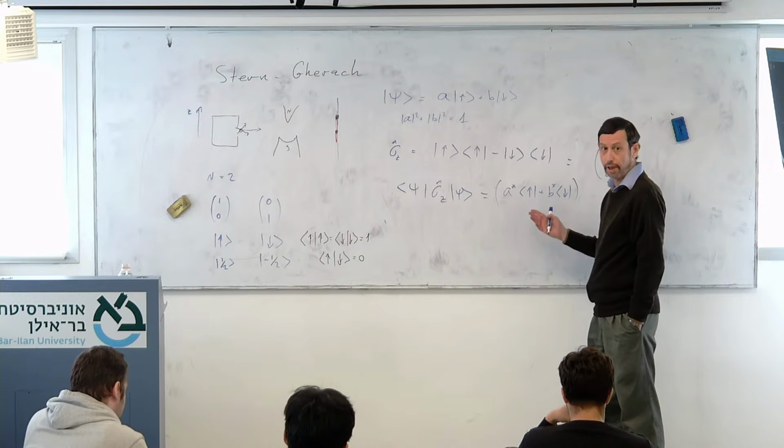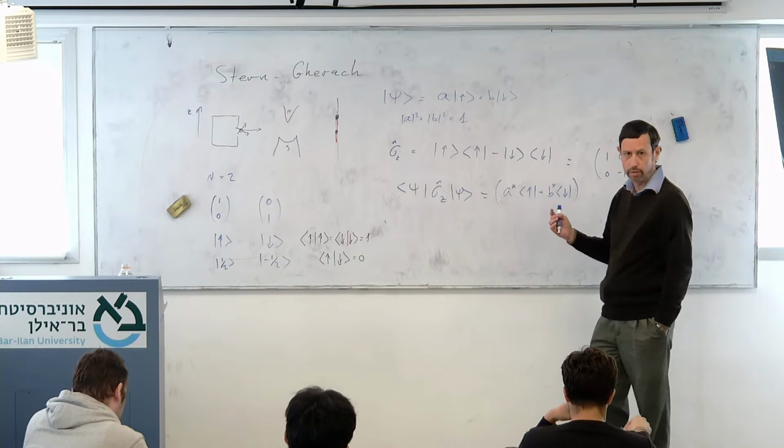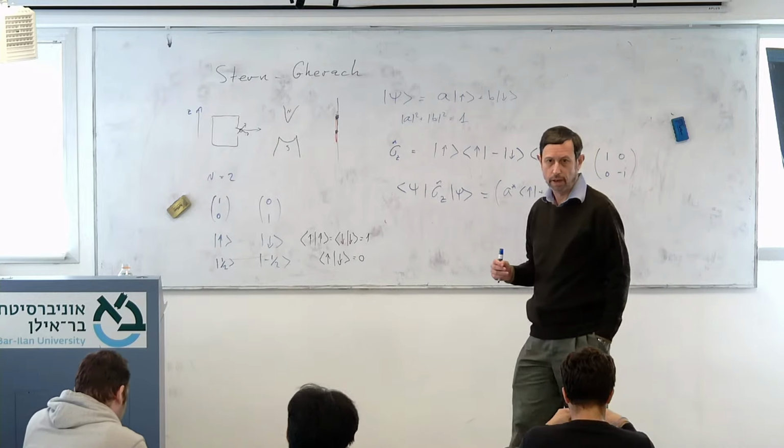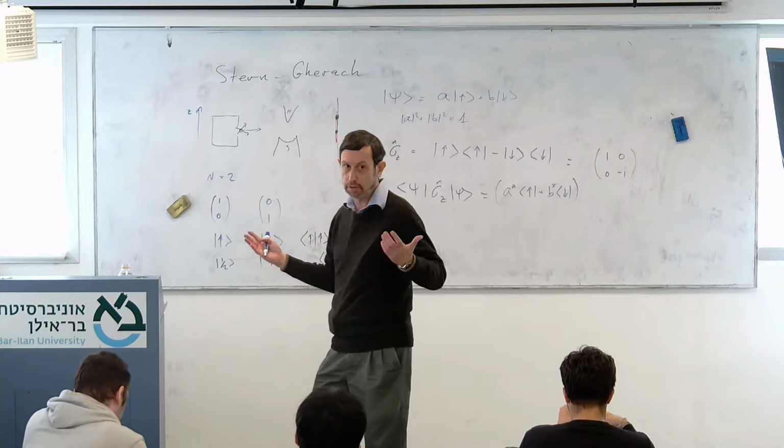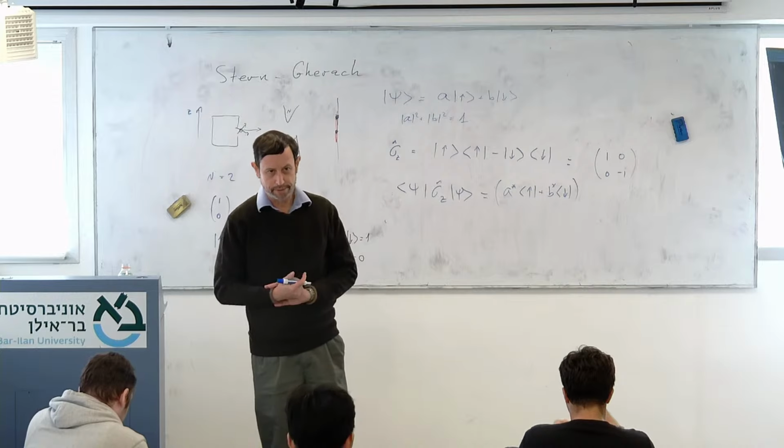It's important if A and B are complex numbers, and they certainly can be complex numbers.